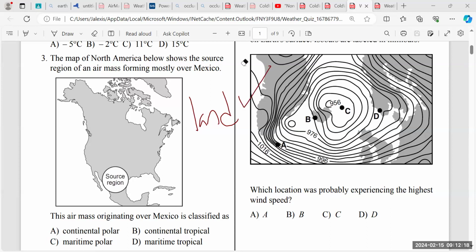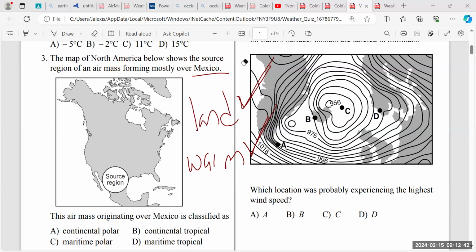I know that the temperature of this source region for the air mass is going to be warm. How do I know that? Because Mexico is not too far from the equator. And so Mexico is generally a warm place.